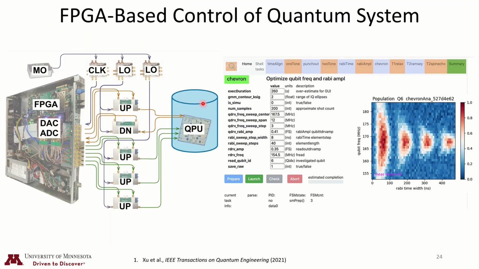So here's an example again. This one shows the FPGA control of the quantum system. So if you have a quantum processor unit, you can place it in the chamber and then place the FPGA board, a field programmable gate array. So this is just a programmable processing device, somewhat like a processing unit.